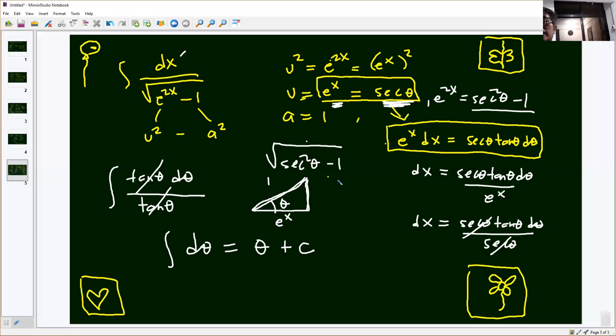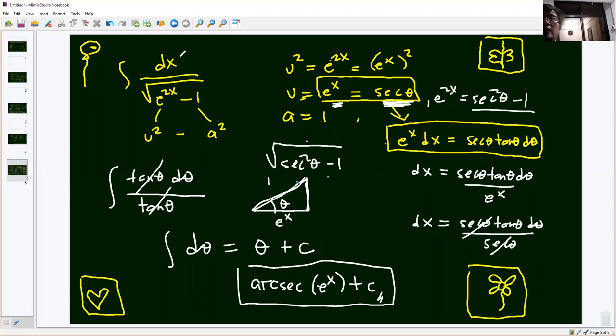And syempre, iyan na lang din gagamitin ko, si arcsec. Kaya ko sinulat to because Nino and Bly have an answer na pareho sila. And I think it's also correct. So pero kung ito lang gagamitin ko, it's safe na secant theta is e to the x, then theta is simply arcsec. Di ba? Arcsec of e to the x plus c. And that's it.